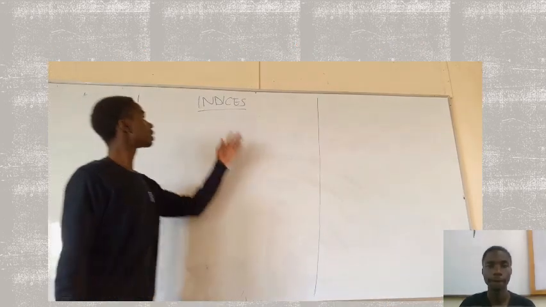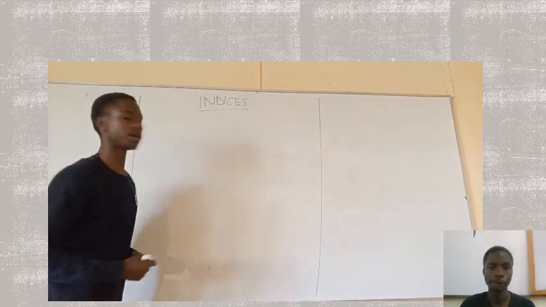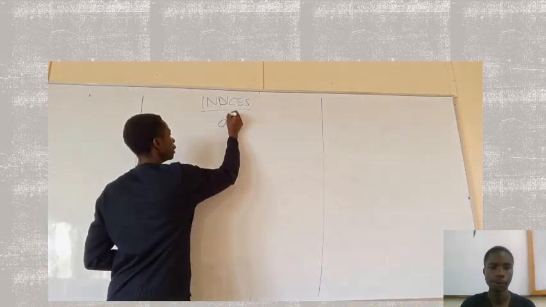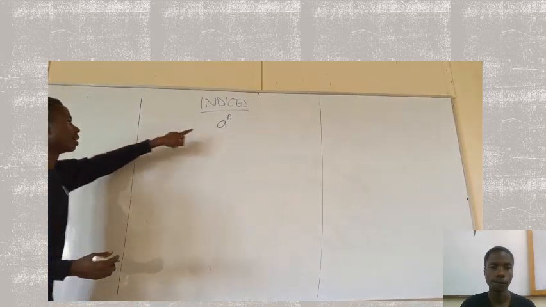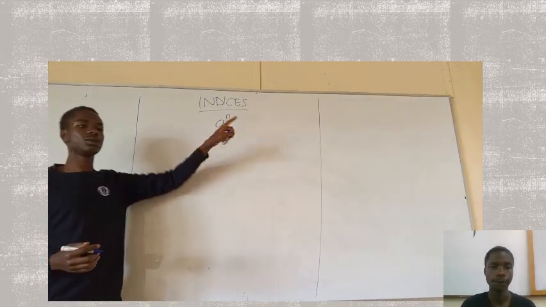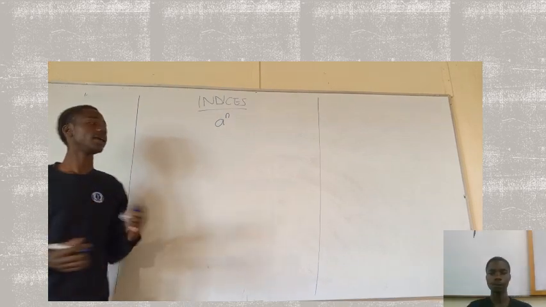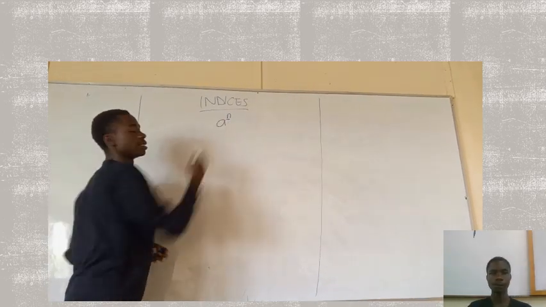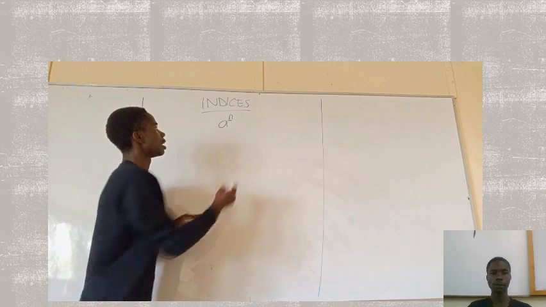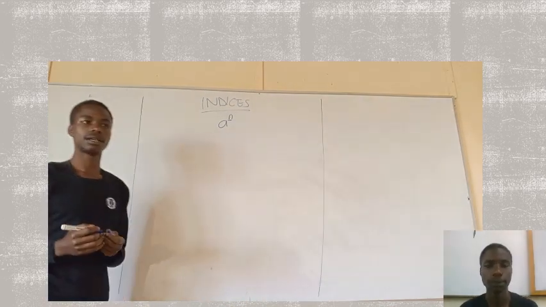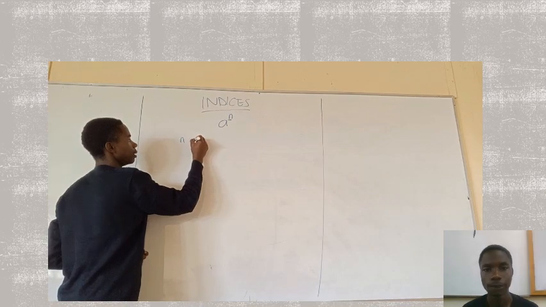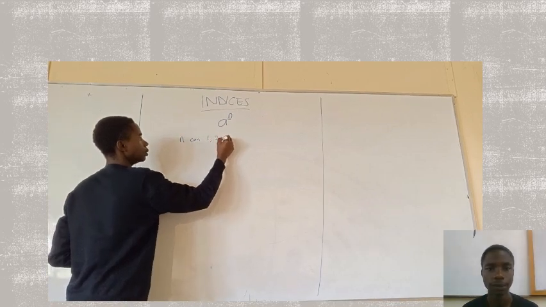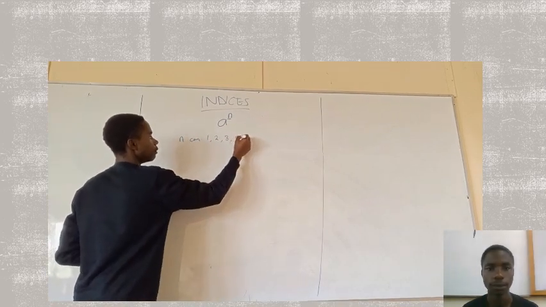When you're talking about index, let's say we have an expression a^n. This can be defined as a raised to any power number n. This is a number that is raised. This is now what we call an index or a power. For example, n can be 1, 2, 3, 4.